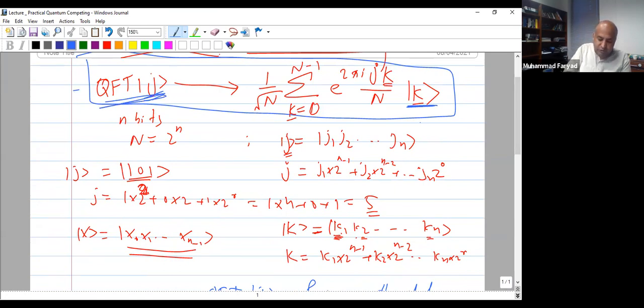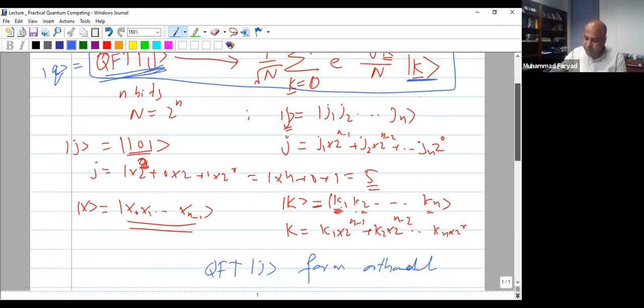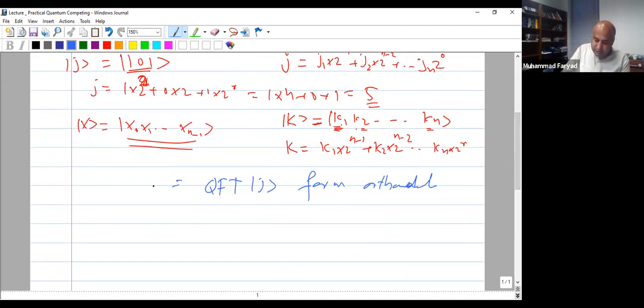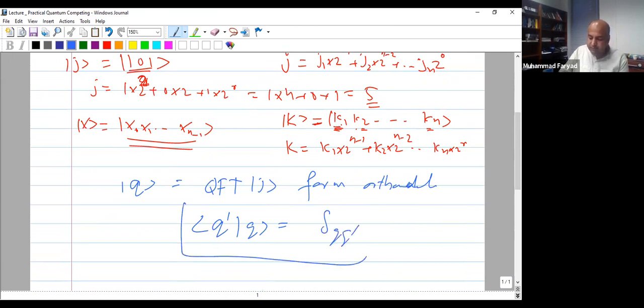We can call them some Q. So these Q states form an orthonormal set as well, which means that if I write this as Q, then Q prime and Q have an inner product that gives a delta function, which is 1 when Q is equal to Q prime, and 0 when Q is not equal to Q prime.